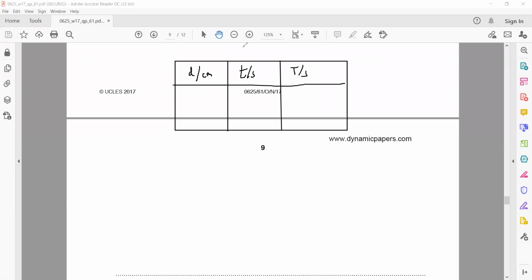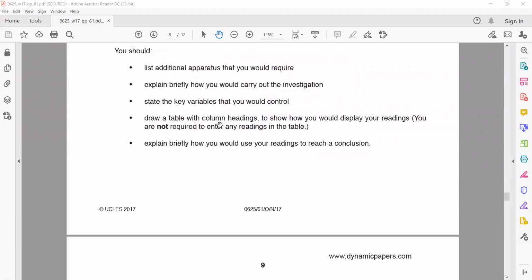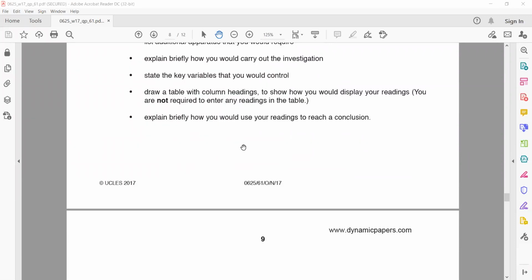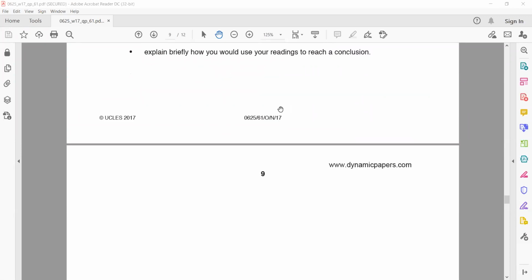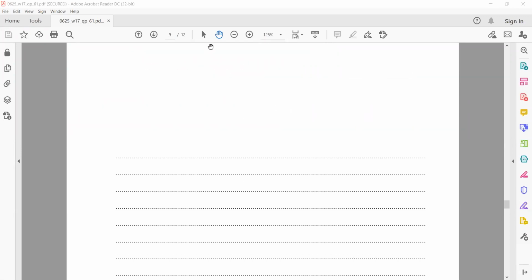The next part, they're asking, how would you use your readings to reach the conclusion? Like how we can conclude in physics, when you want to find a relation between two quantities, you can plot a graph. Comparison can be done, but as you're a student studying physics, your answer should be precise.